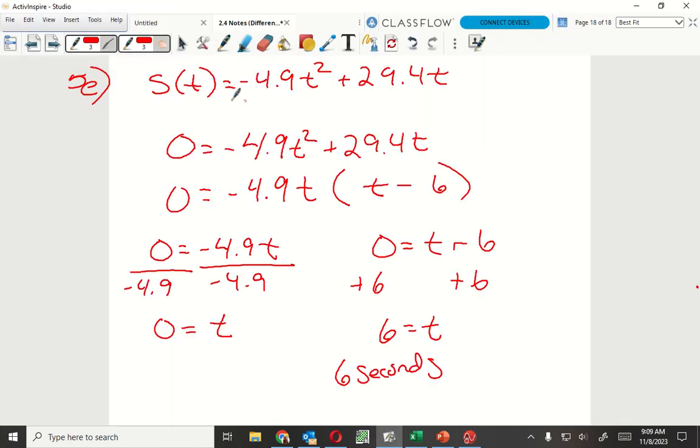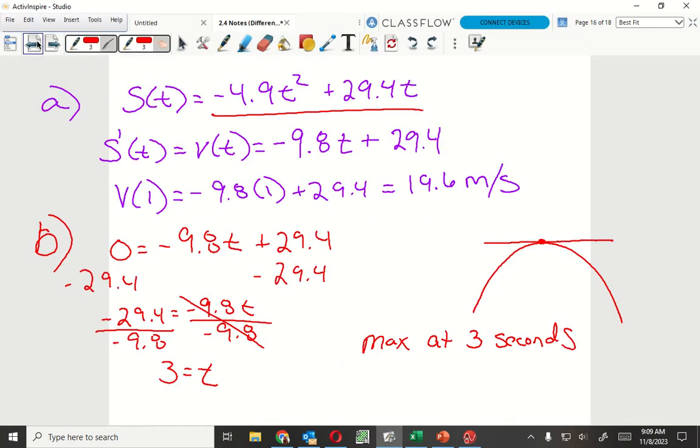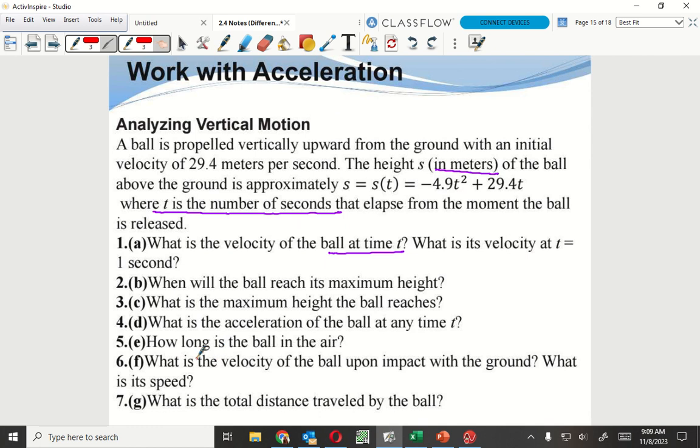So now we solve 5. What is the velocity of the ball upon impact? Velocity. Do we know when it hits the ground? When does it hit the ground? 6 seconds.